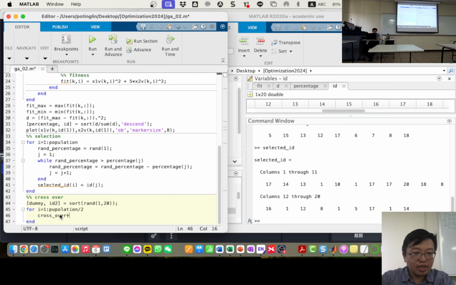Okay. So the crossover ID would be the first every 2, right? Every 2. So ID 2, the I1, and I can from 2 to population.